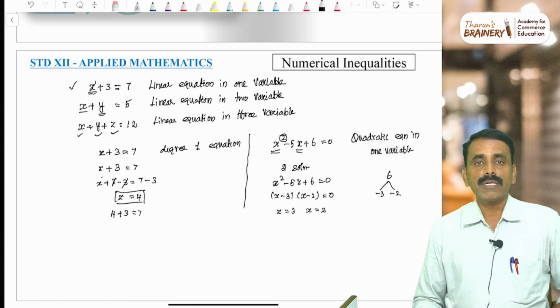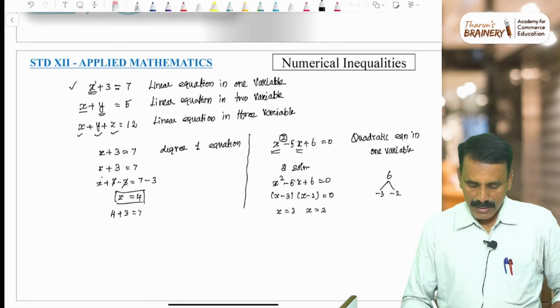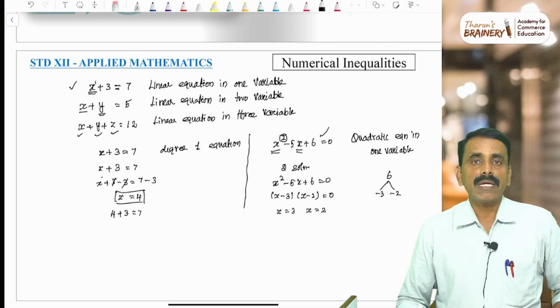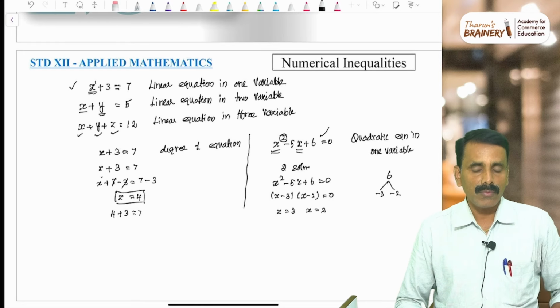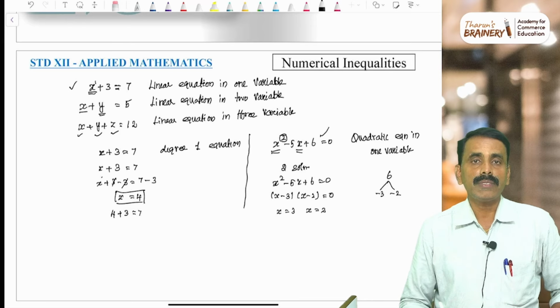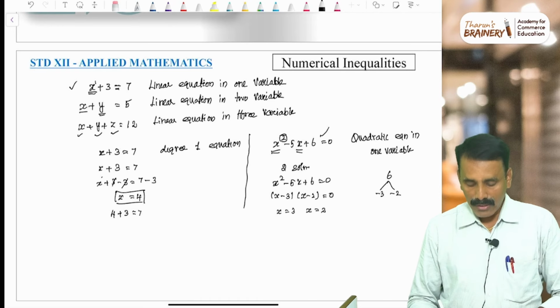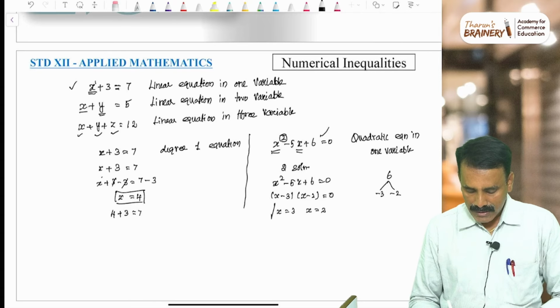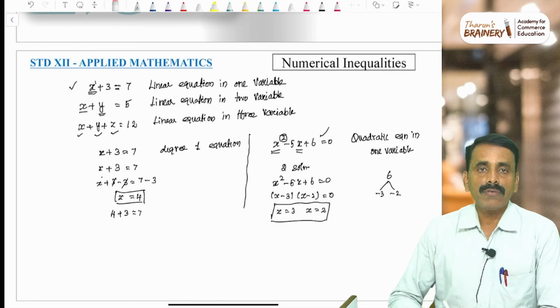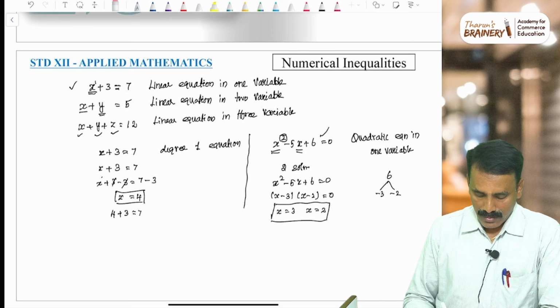When you substitute x is equal to 3 in x square minus 5x plus 6 is equal to 0, the equation will be satisfied. When you substitute x is equal to 2, then also the equation will be satisfied. We cannot find any other values for x apart from these two values, 3 and 2. That is why we say a quadratic equation will have only two roots.